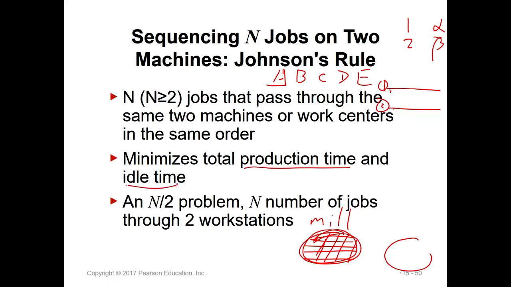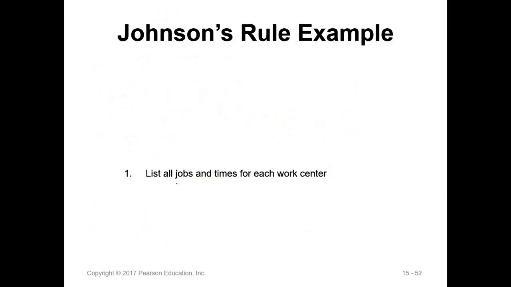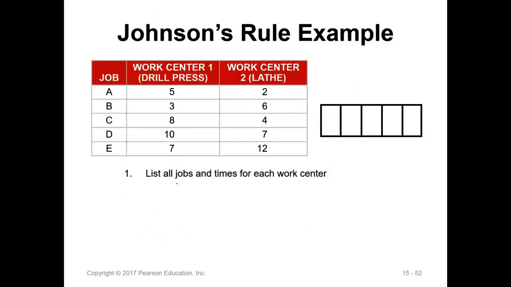For n jobs, for example 5 jobs, A, B, C, D, E, we have 2 machines. In Johnson's rule, you first list all the jobs and the times for each work center. Let's see the example. We list all of the jobs and their work times for the 2 machine centers.